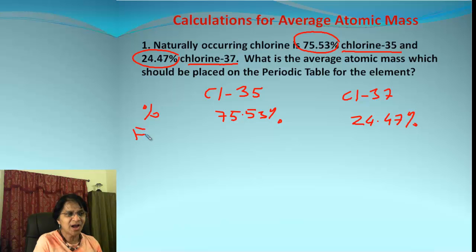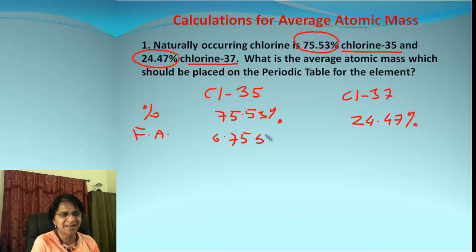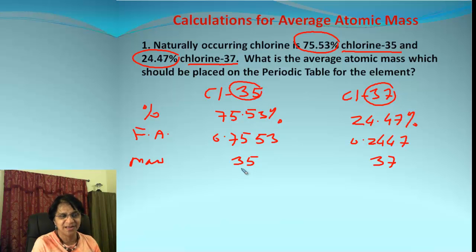Now with that, how much is the fractional abundance? We divide this number by 100, which will easily give us 0.7553, and over here 0.2447. And then we need to find out the mass of each isotope. So for chlorine 35, the mass is 35, and for chlorine 37, the mass is 37.